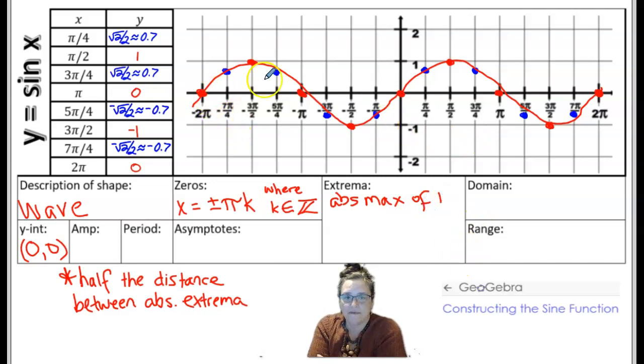And then we have another extrema when we reach the bottom of this valley. That would be our absolute min of negative 1.